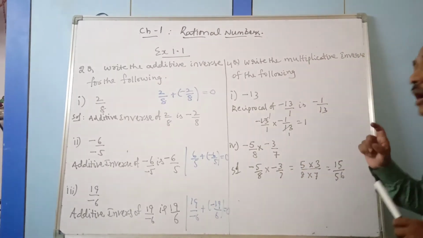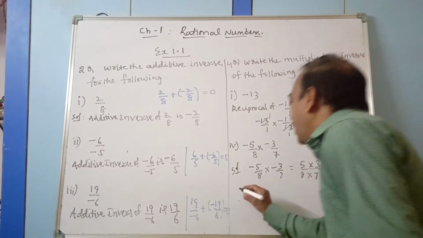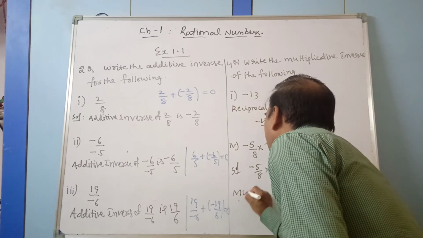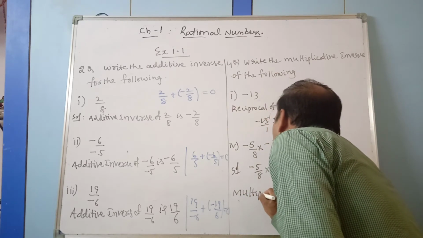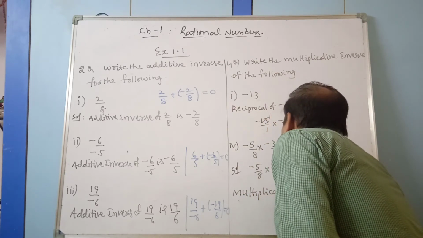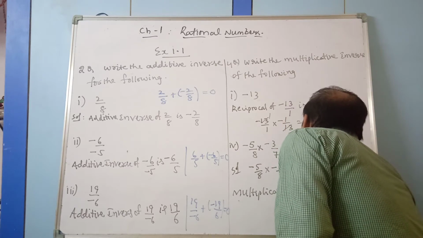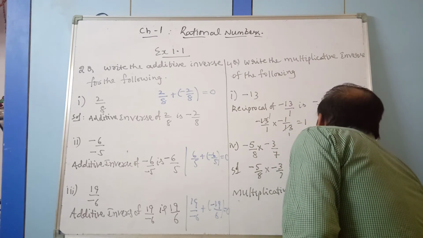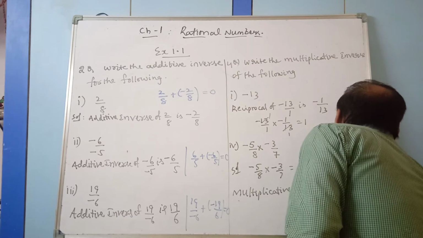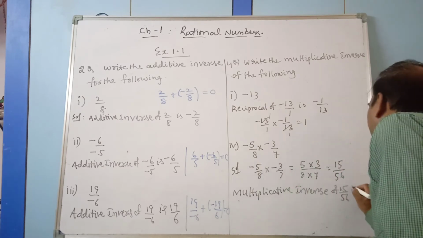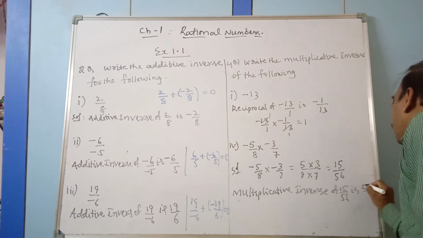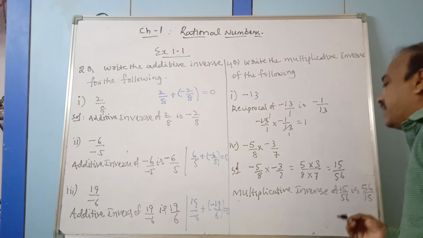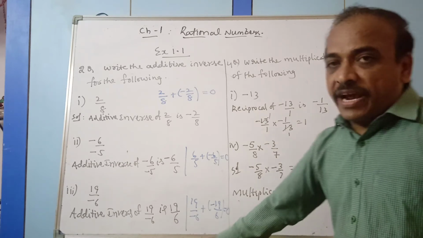Now for this you have to find the reciprocal. The multiplicative inverse of 15 by 56 is 56 by 15. Just reverse the fraction.